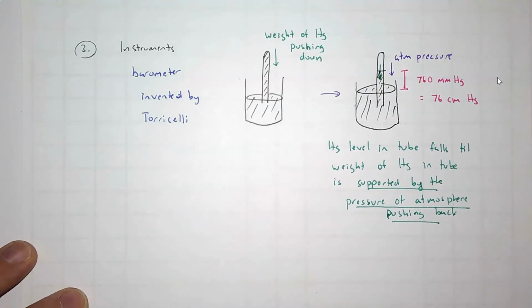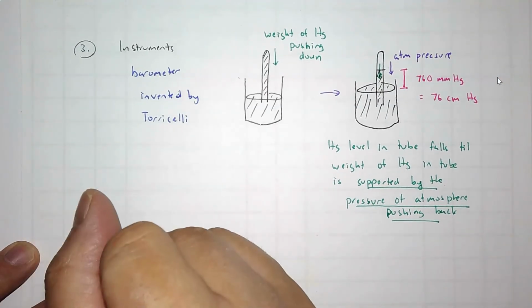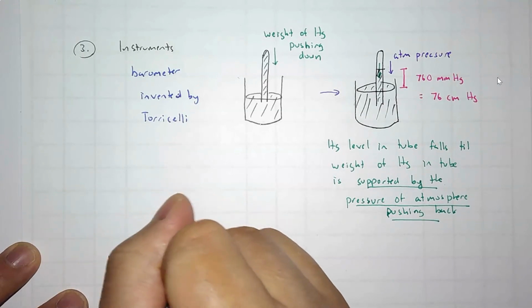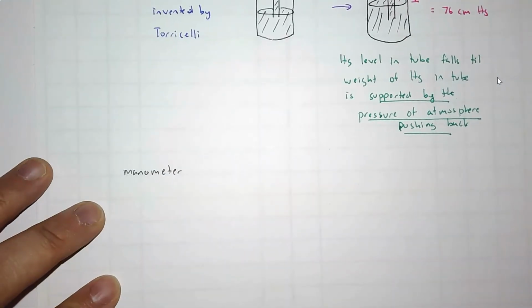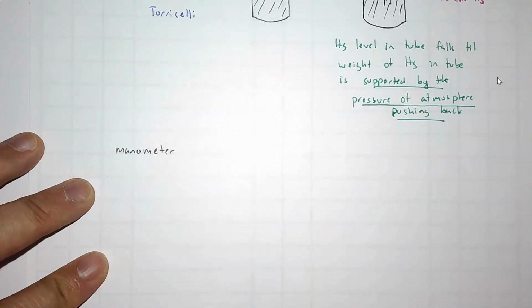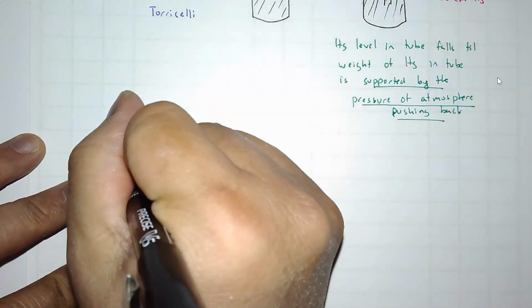Alright, so that is the barometer. A manometer is going to measure the pressure of a gas. And the type of manometer that I'm going to diagram is called an open tube type.